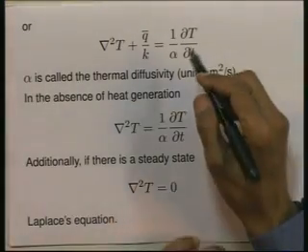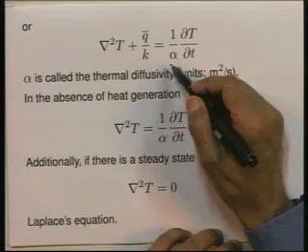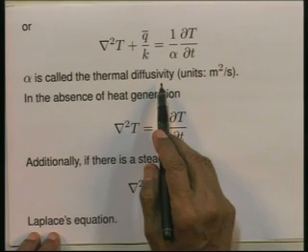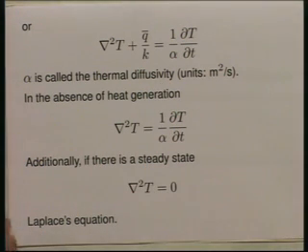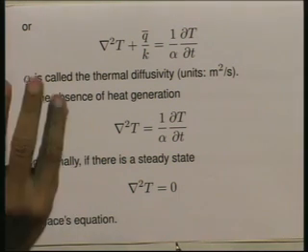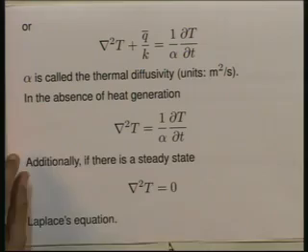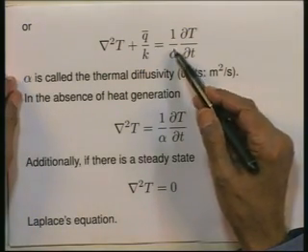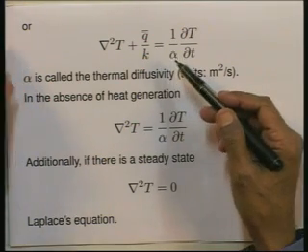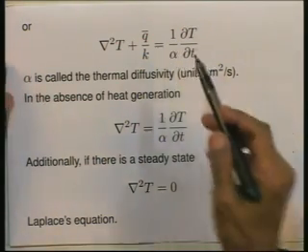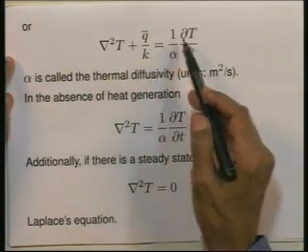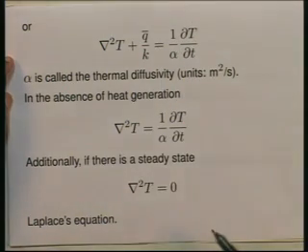Instead of K by rho Cp, we are writing a quantity alpha here. Alpha is called the thermal diffusivity of the material. It is a combination of three properties: K the thermal conductivity, divided by rho the density, and divided by the specific heat, K by rho Cp. So, we define this new property K by rho Cp as alpha, and our differential equation when K is constant can also be written in the form del squared T plus q bar by K is equal to 1 by alpha dT/dt.